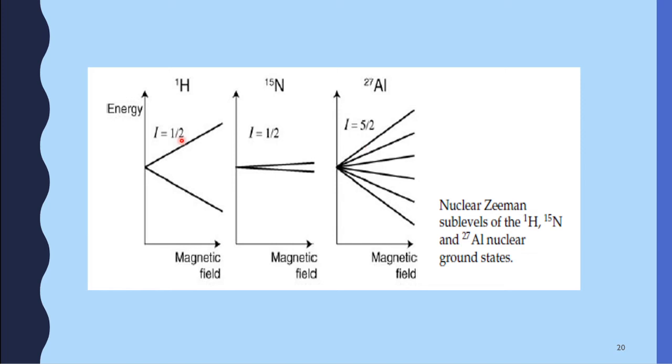Based on the table that I showed you just now, the spins are 1/2, 1/2, and 5/2. So they will have 2I plus 1 levels, right? So this will have 2, 2, and 6 levels. Okay, so this is an example of the Zeeman splittings that I mentioned to you.